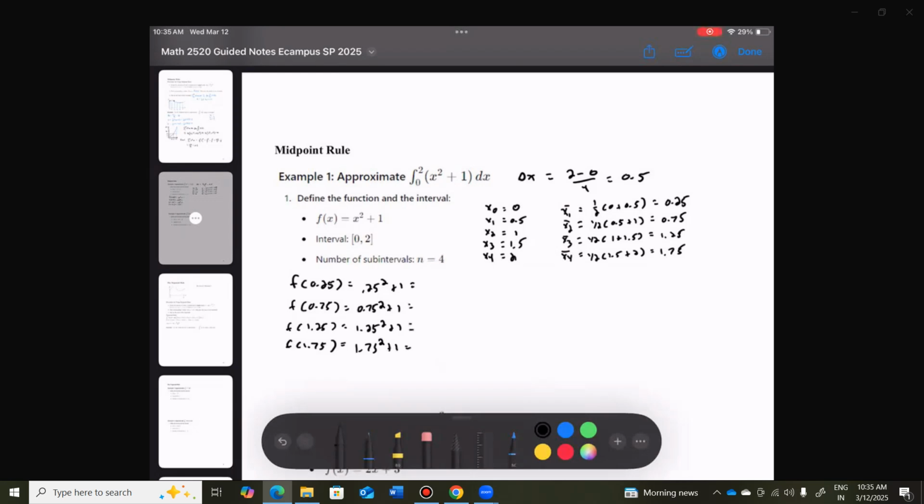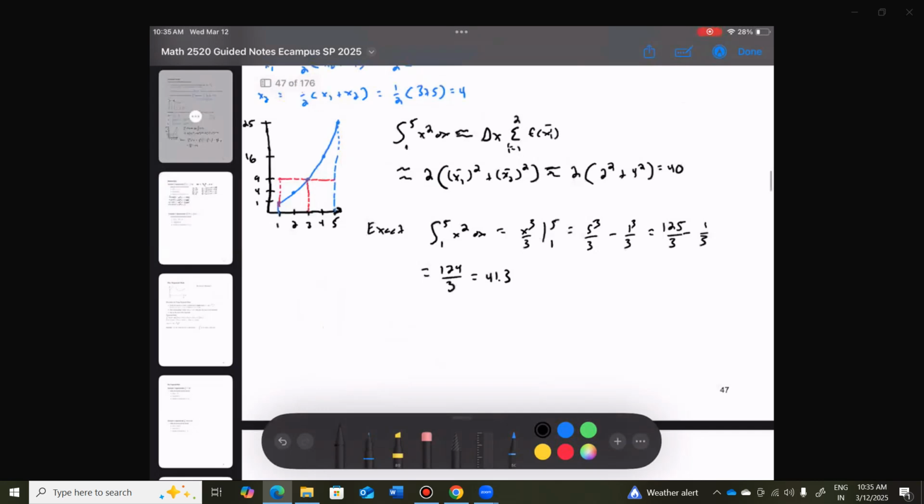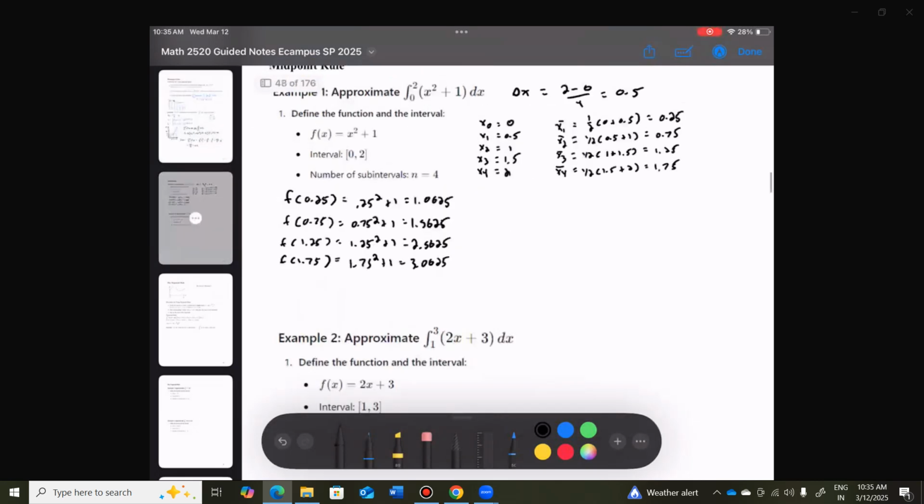Right. So each of these comes out to be 1.0625, 1.5625, 2.5625, and 3.0625. And so now your approximation for your integral will be your delta x, which is 0.5, times the summation of these four.